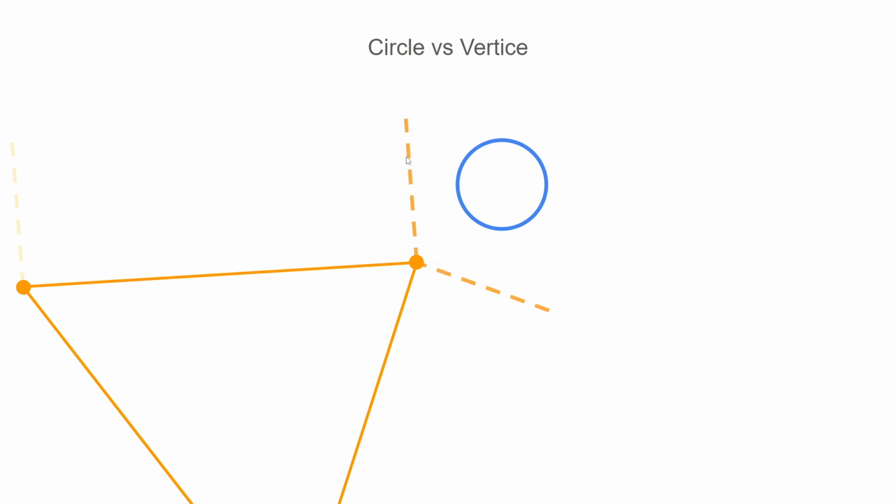Note also that these dotted lines are perpendicular to the edge here. And this limit here is right at the end or lies on the vertice, and it's just perpendicular to the edge here. So this is the area where we need to check against the corner of the polygon.